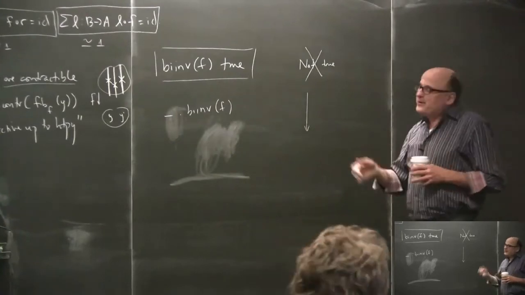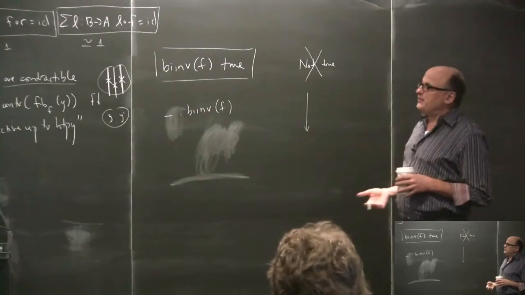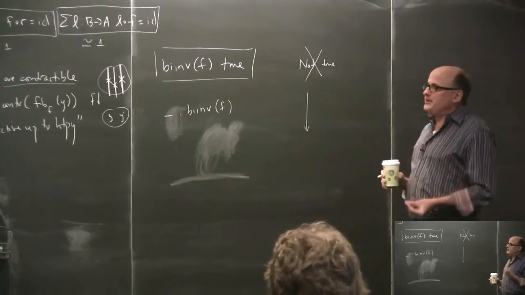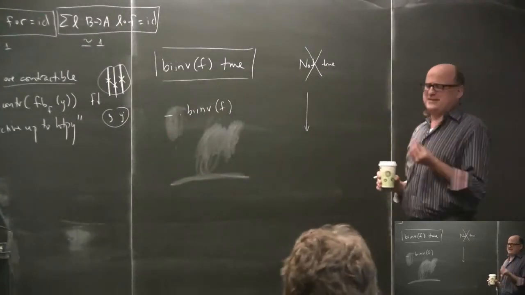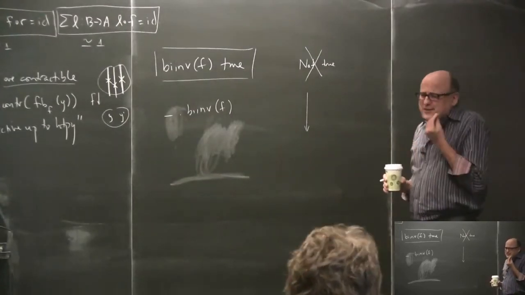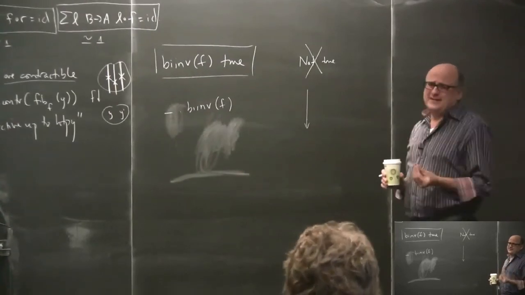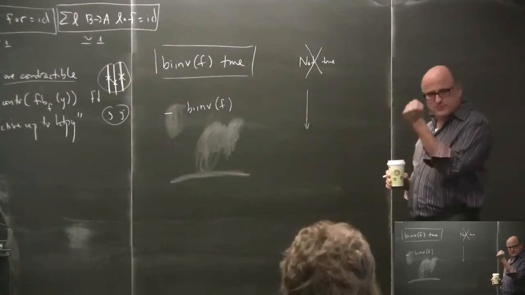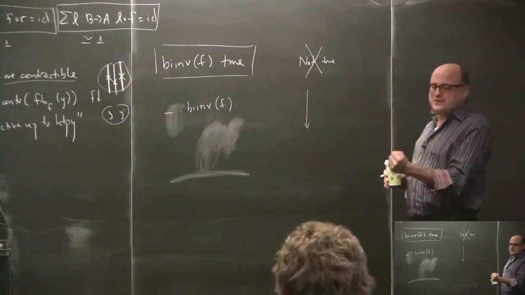Some people, depending on where they come from, like to think of propositions as things that have at most one proof. But the entire point of constructivism from day one, from Brouwer's first writings, is that there is not one proof, and the structure of that proof matters. That is the absolute heart of Brouwer's program of constructivism. So it's a real terminological clash.